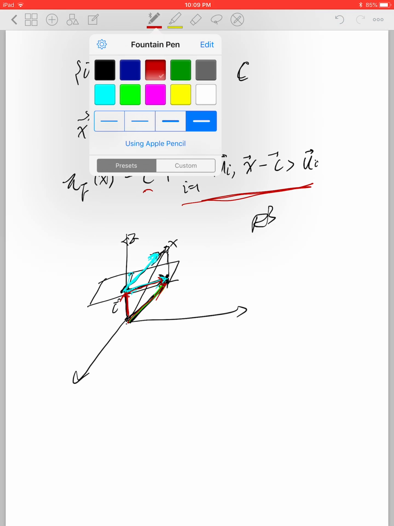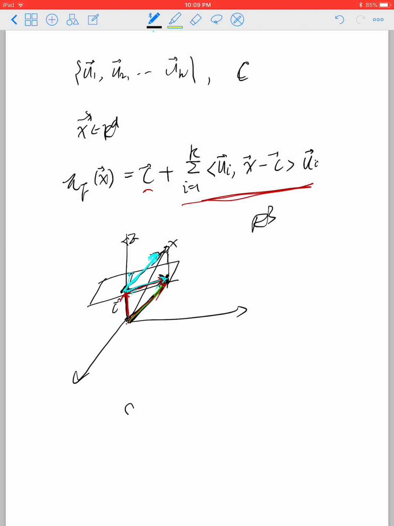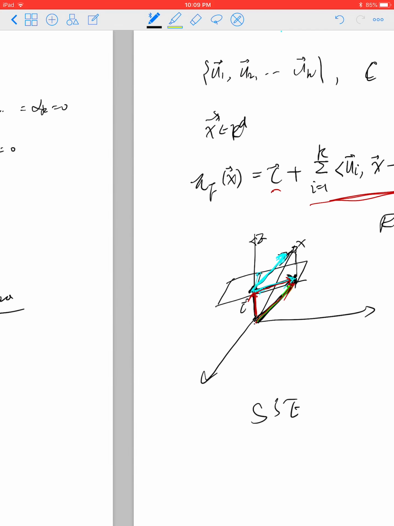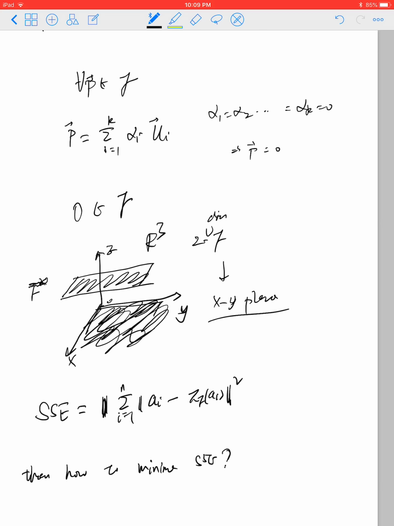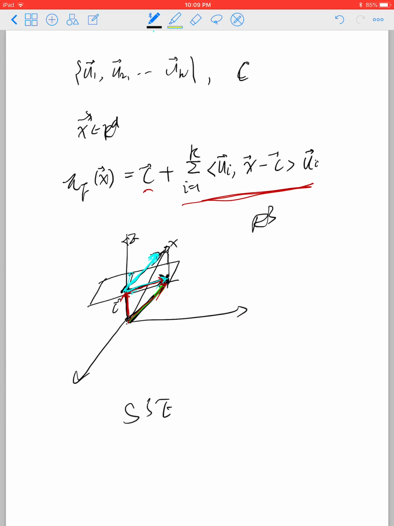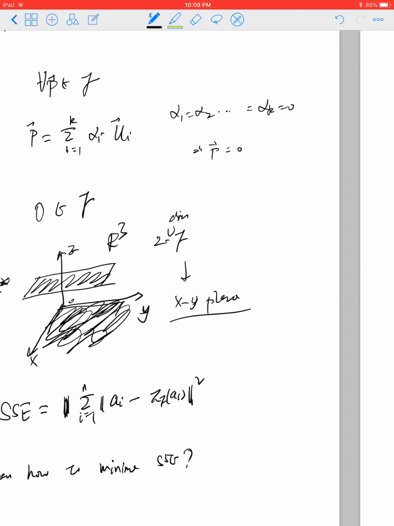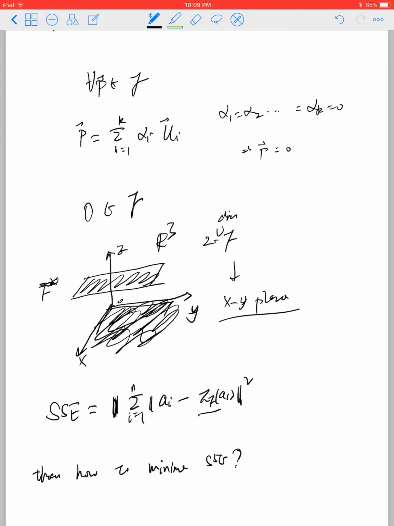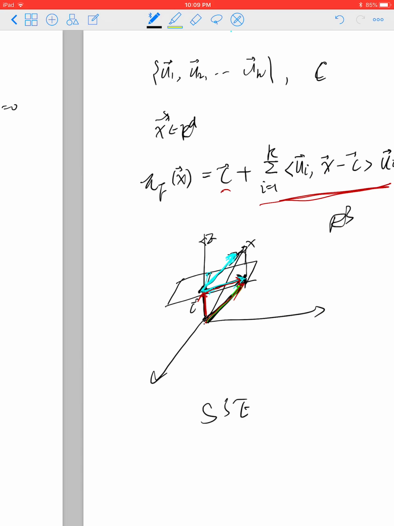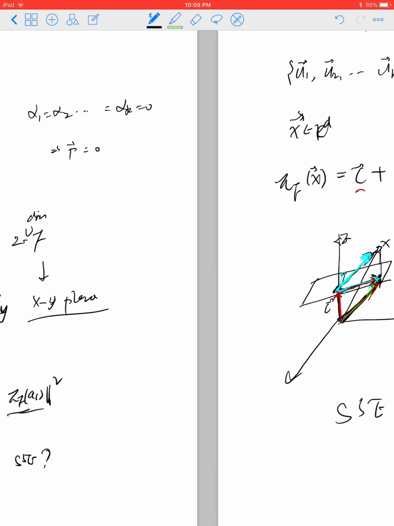You not only need to determine the best basis U1, U2 to UK, you also need to determine the best centering vector to find out the optimal subspace. And the minimization of this SSE is a little non-trivial, and so here we only give you the results. And this result is the general principal component analysis.